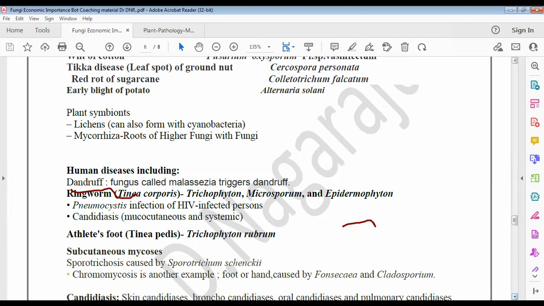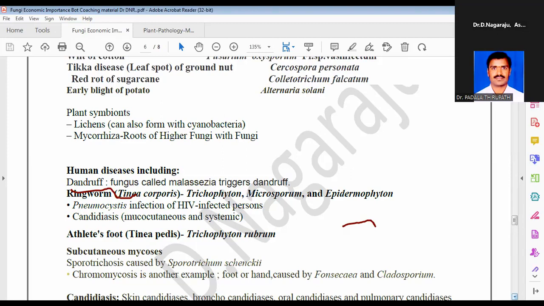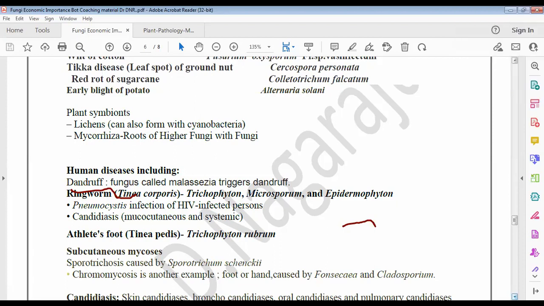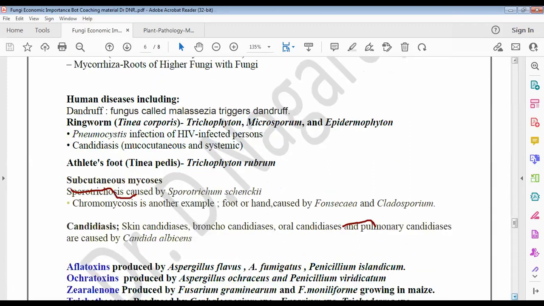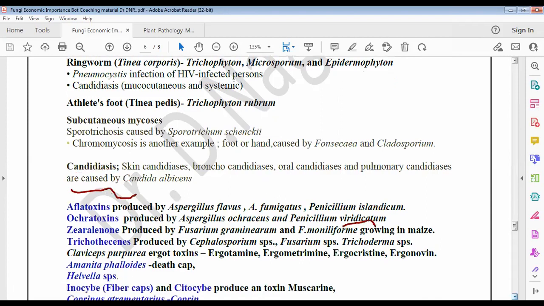It's Candid cream that we use for the itches. Athlete's foot disease is also caused by fungi. Subcutaneous mycosis means the inside of the skin gets damaged. I already told you candidiasis, a skin disease.